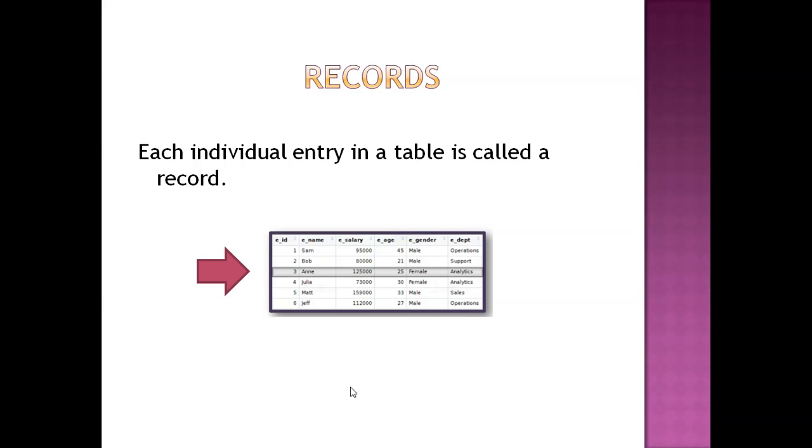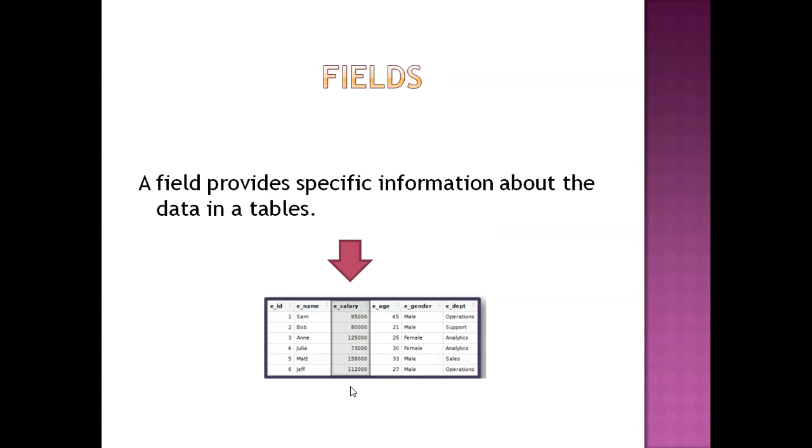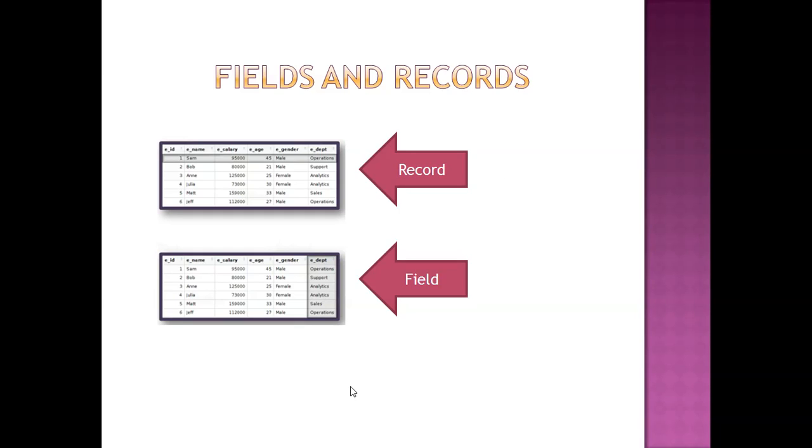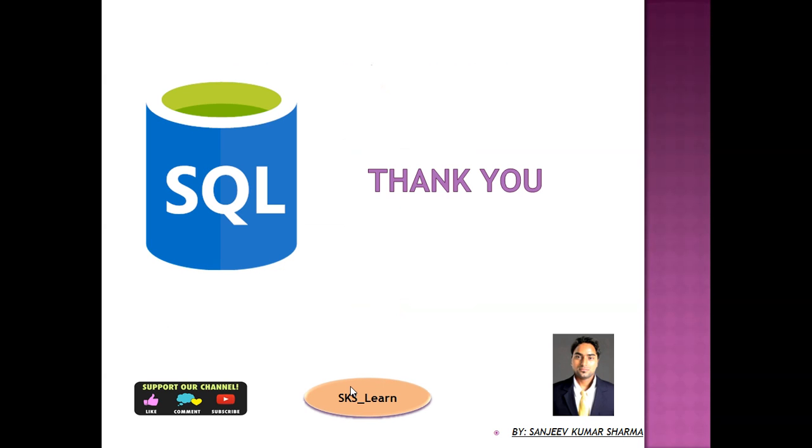One entry is called one record. So we can see column information is called a field and row information is called a record. A record is row-wise data which contains information from all the columns, and a field is specific one-column data which contains the specific information from all the rows. Got it?